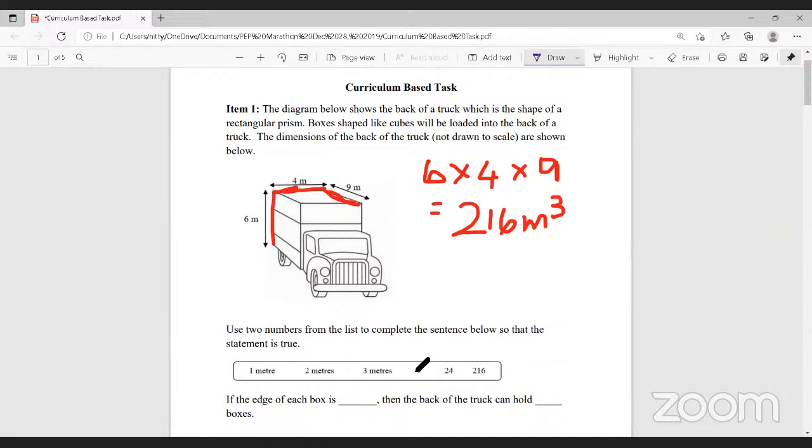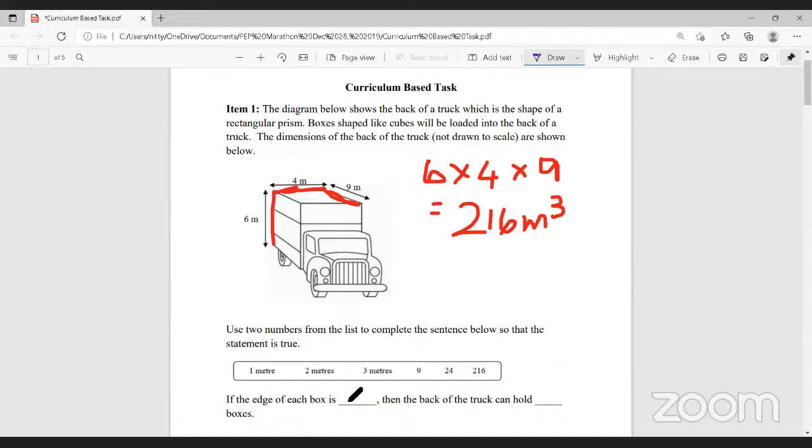But then we're talking about the cubes and how many of them. And if we're talking about cubes, we're talking about the volume, 3 different dimensions here. So I understand that we have to be thinking about 3 different dimensions. Those are some of the things that I thought about when trying to decide this number.